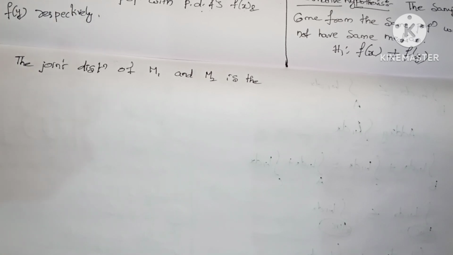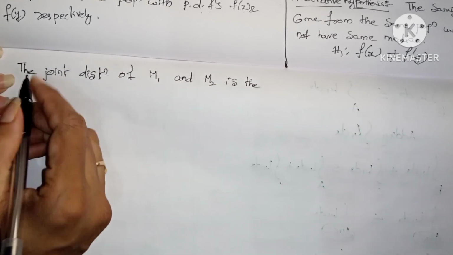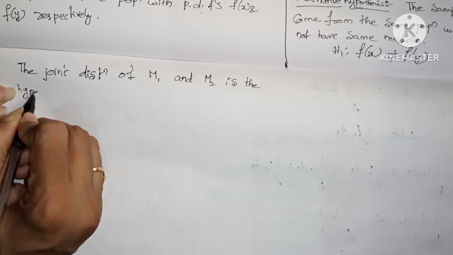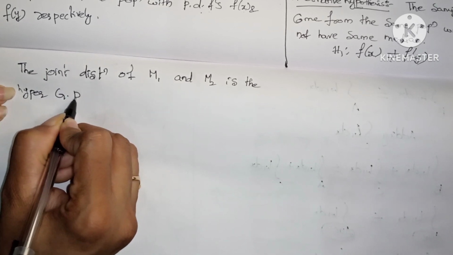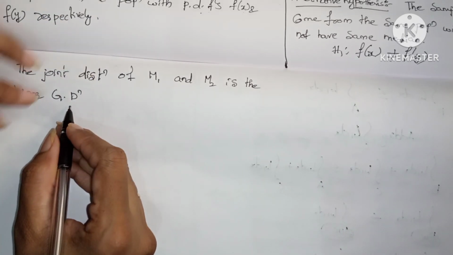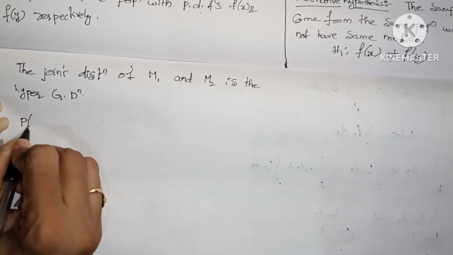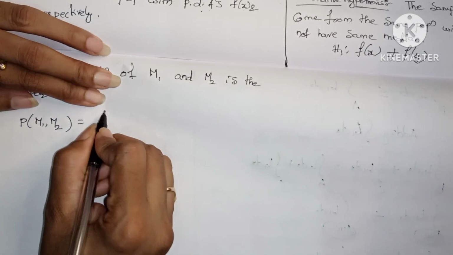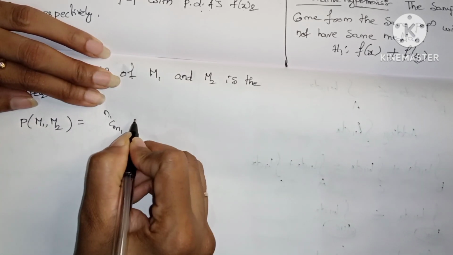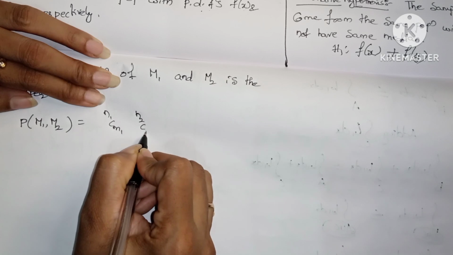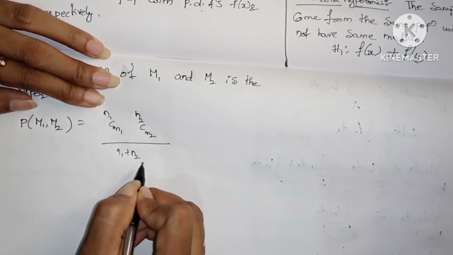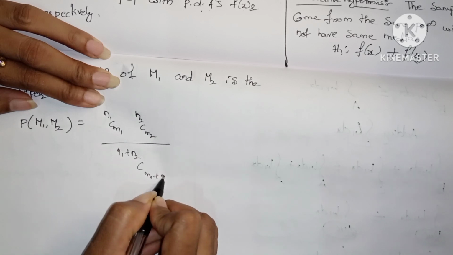The test statistic follows what? The hypergeometric distribution. So P of m1, m2 equals n1 C m1 into n2 C m2 by (n1 plus n2) C (m1 plus m2).